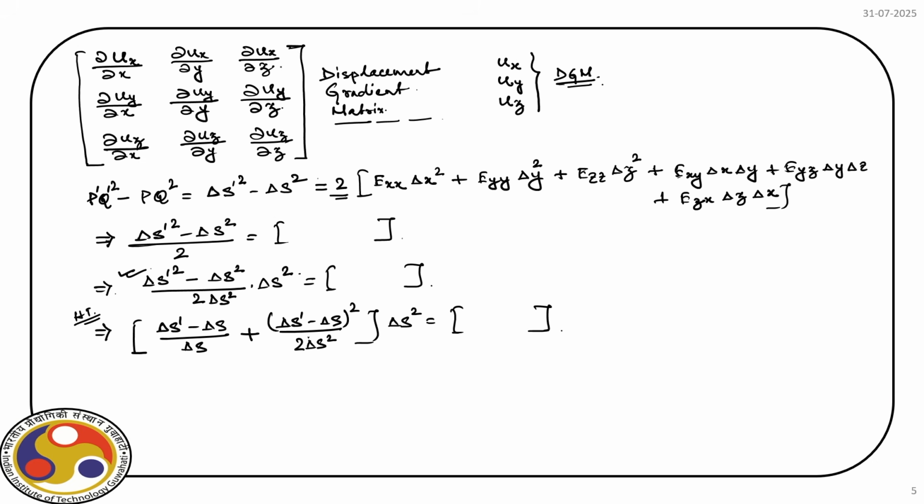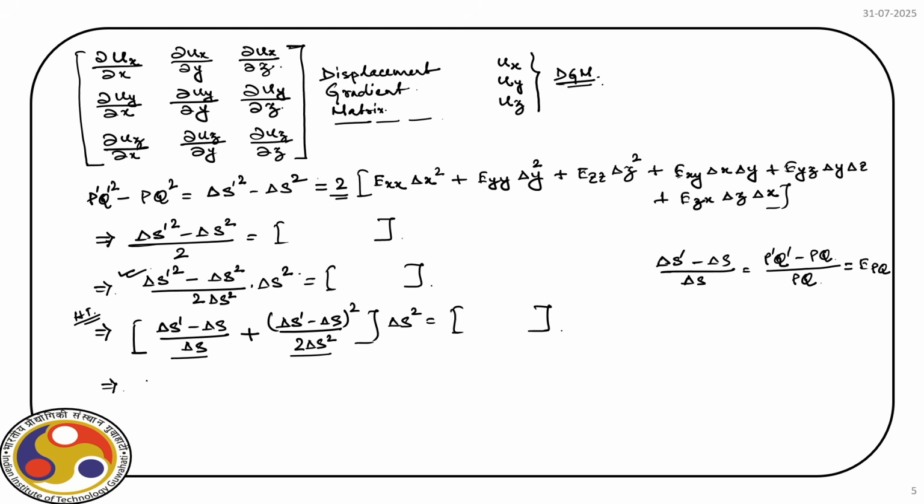Now, if you look at this term inside this third bracket, you can easily quantify. We have delta s' minus delta s divided by delta s. What is this quantity? This is nothing but P'Q' minus PQ divided by PQ, which is nothing but the elongation of the line PQ, right.